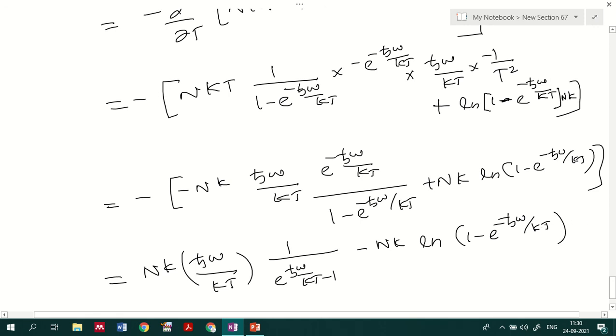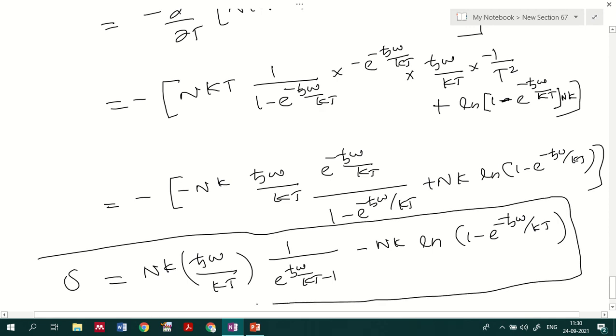So this is how you will get the corresponding representation for entropy. This is a bit large compared to our earlier representation, but just note down this one.